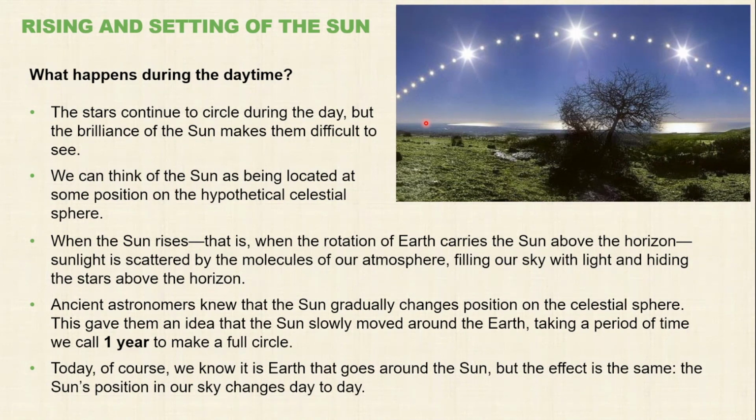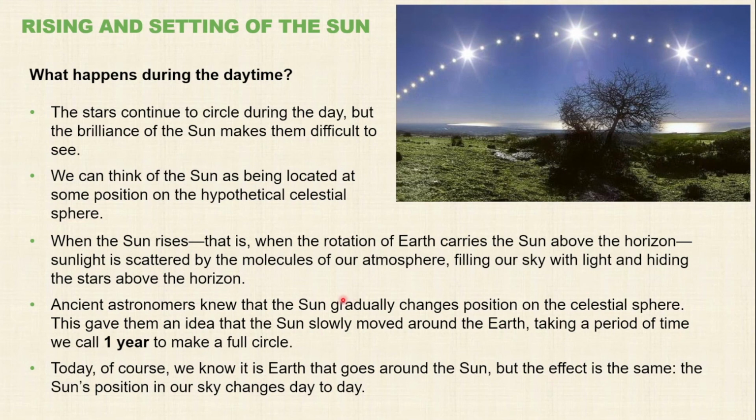These types of observation gave those ancient astronomers the idea that the sun is actually moving around the earth. I mean, now we know it's the opposite, but that gave them the idea that the object must be moving around the Earth, taking some time to go around, and now we call that period of time 1 year.